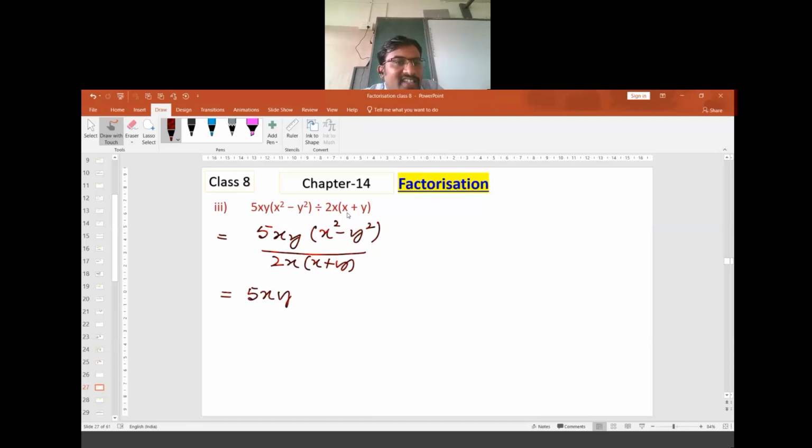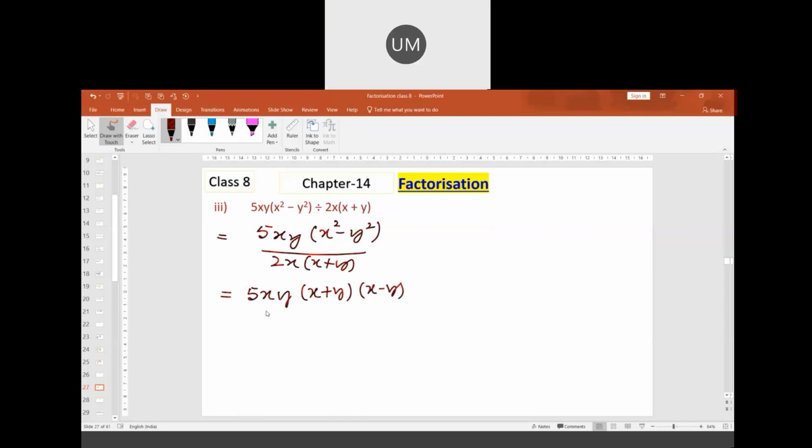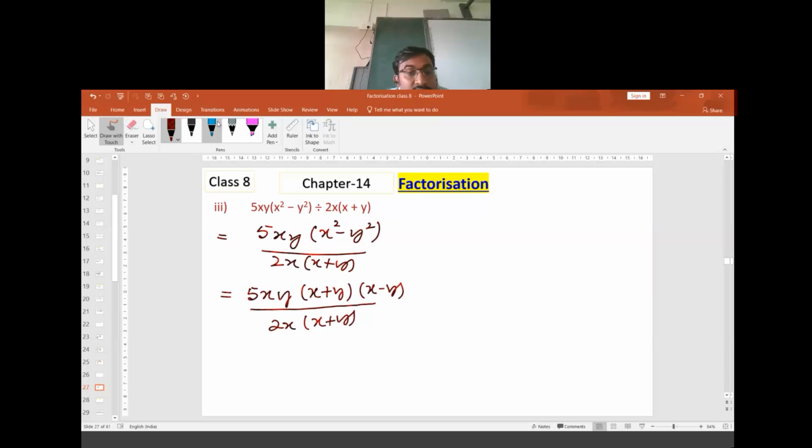This is like an identity a squared minus b squared, which is a plus b into a minus b. So it is x plus y into x minus y, divided by 2x multiplied by x plus y. This x plus y is getting cancelled. Not only that, x also gets cancelled.